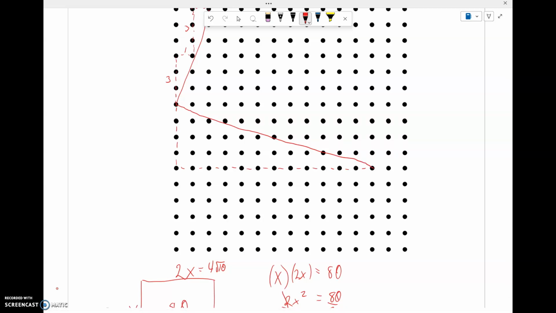You can also see, maybe I can draw in a different color, that this is going to be a 1 by 3, a 1 by 3, another 1 by 3, and a final 1 by 3. That'll get me that 4 root 10.